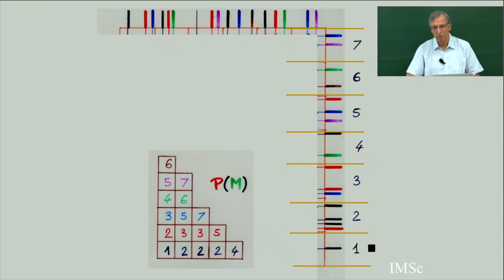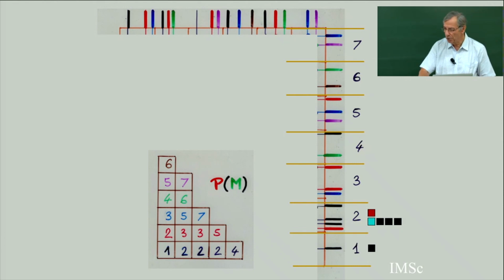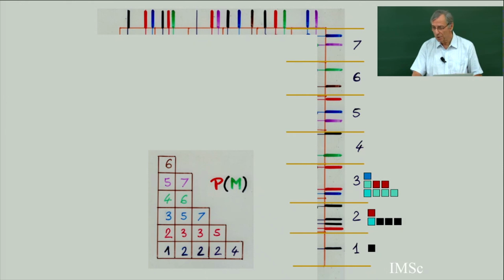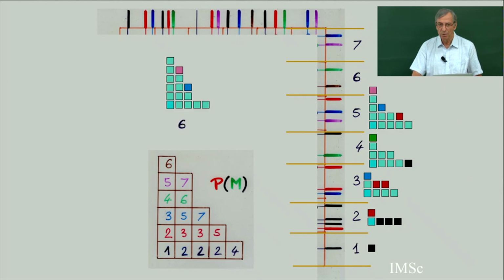And this is the sequence of Ferrers diagrams. So here I put some colors. I put black for the first row, red for the second, blue for the third row, etc. So here you see the colors of the increasing tableau. This is the sequence of semi-standard tableaux.